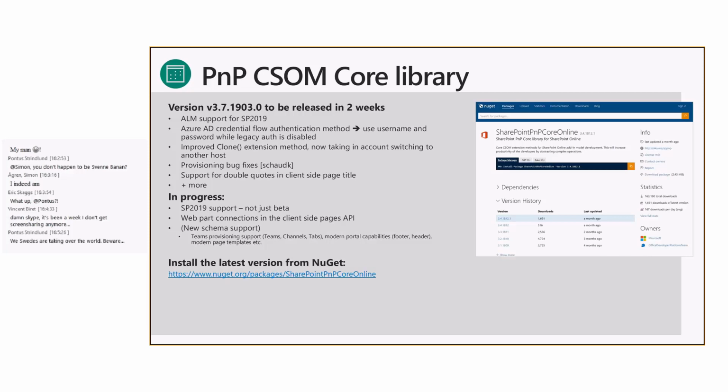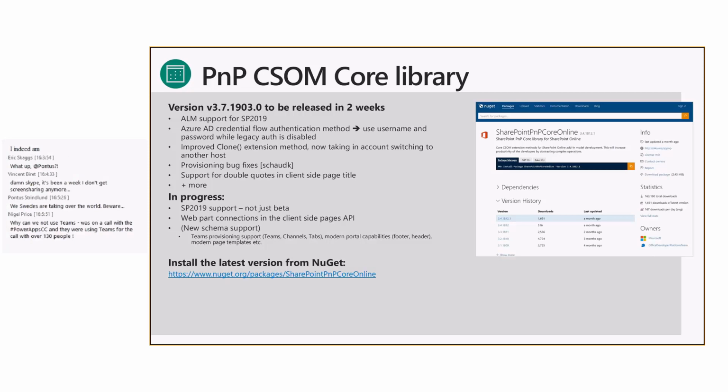When we built this, we stumbled upon an issue with our cloning method. Internally in the CSOM Core library, we use a lot of cloning, where we take one client context object for a particular URL and then create another client context for another URL. Cloning works great as long as you stay in the same audience.